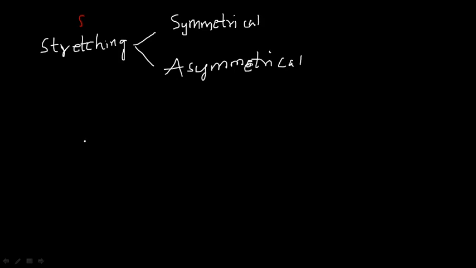For that, I am taking the example of the water molecule. The water molecule consists of oxygen bonded to two hydrogen atoms, and the shape of the molecule is bent.